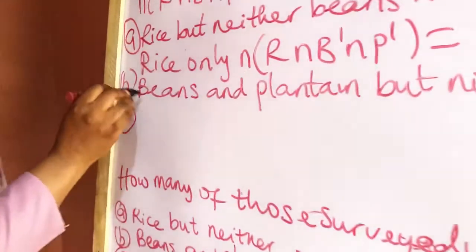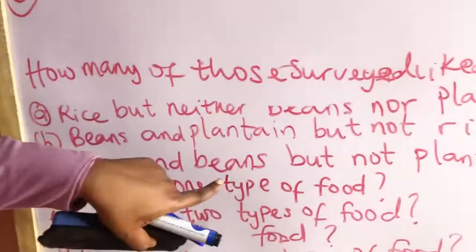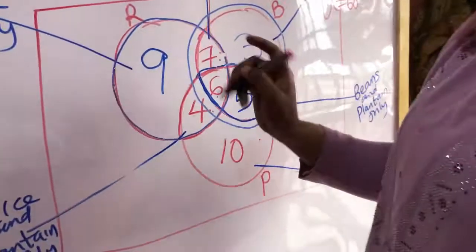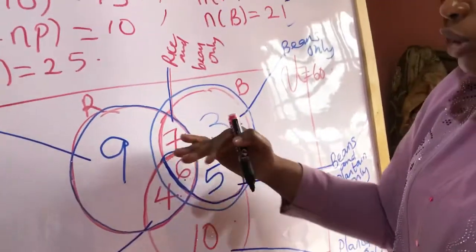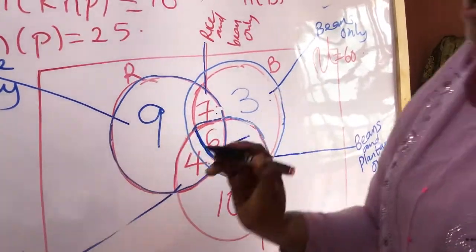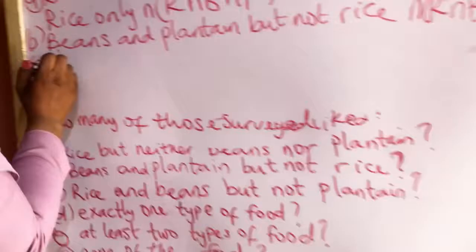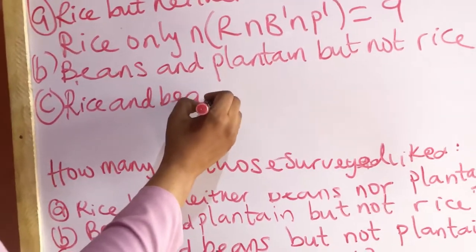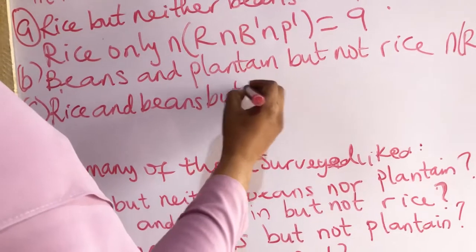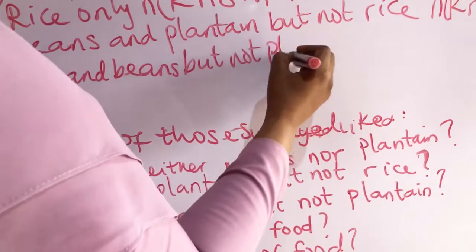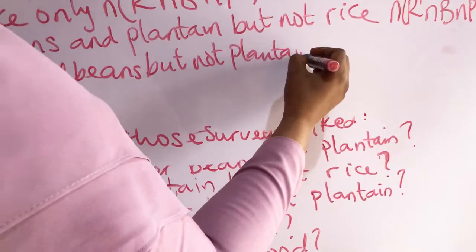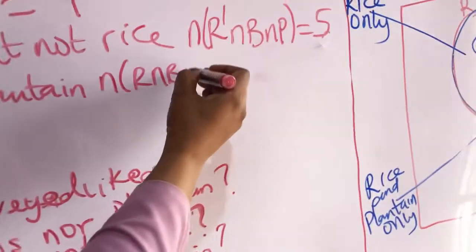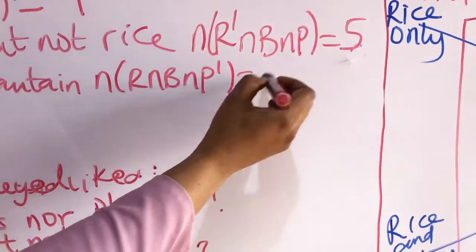C, rice and beans but not plantain. So rice and beans but not plantain. The cardinality of R intersect B intersect P prime is equal to 7.